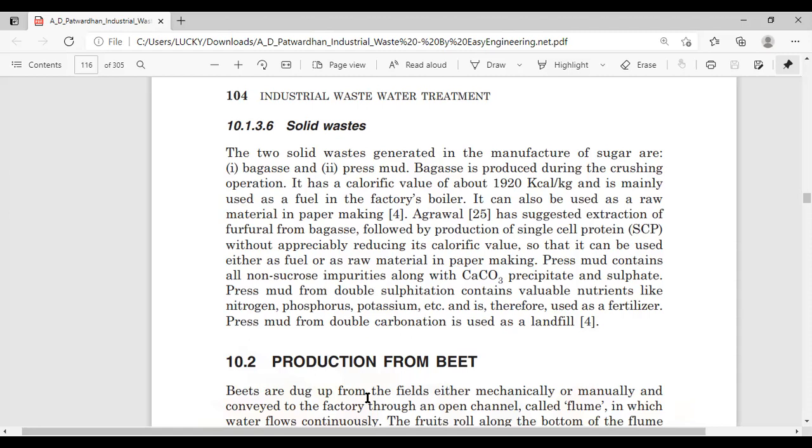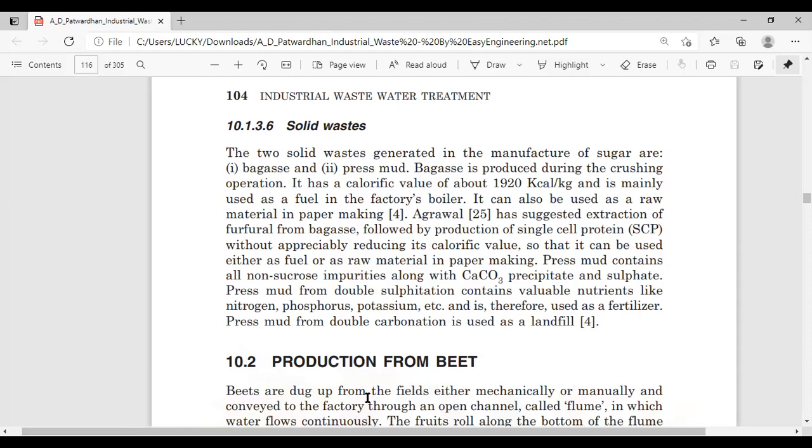Press mud contains all non-sucrose impurities along with calcium carbonate precipitate and sulfate. Pressmud from double sulfitation contains valuable nutrients like nitrogen, phosphorus, potassium, etc. and is therefore used as a fertilizer. Pressed mud from double carbonation is used as landfill.